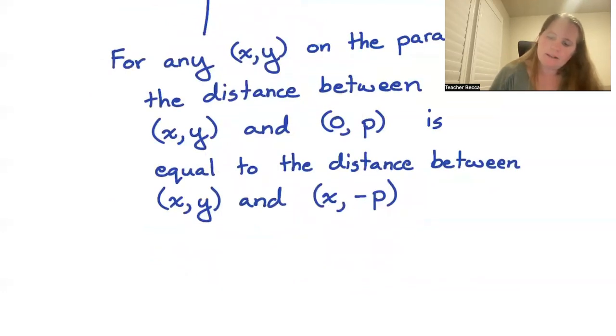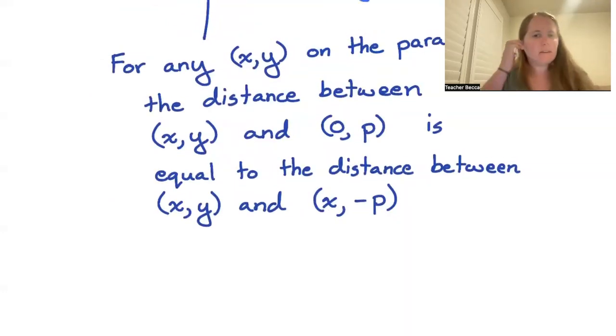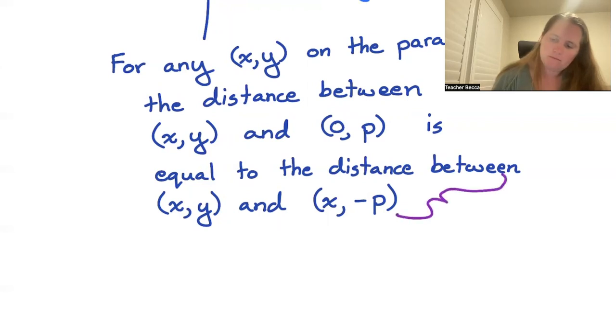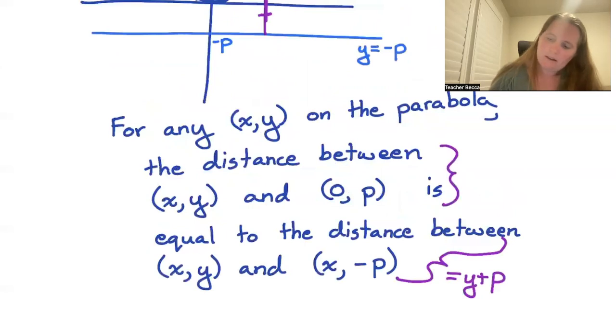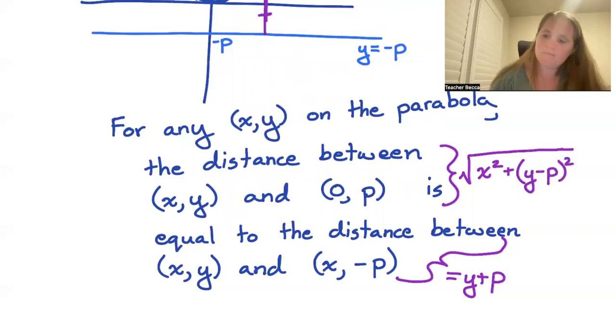This distance between x, y and x, -P is just y minus negative P, or y plus P. The distance between x, y and 0, P is the square root of x squared plus y minus P squared.